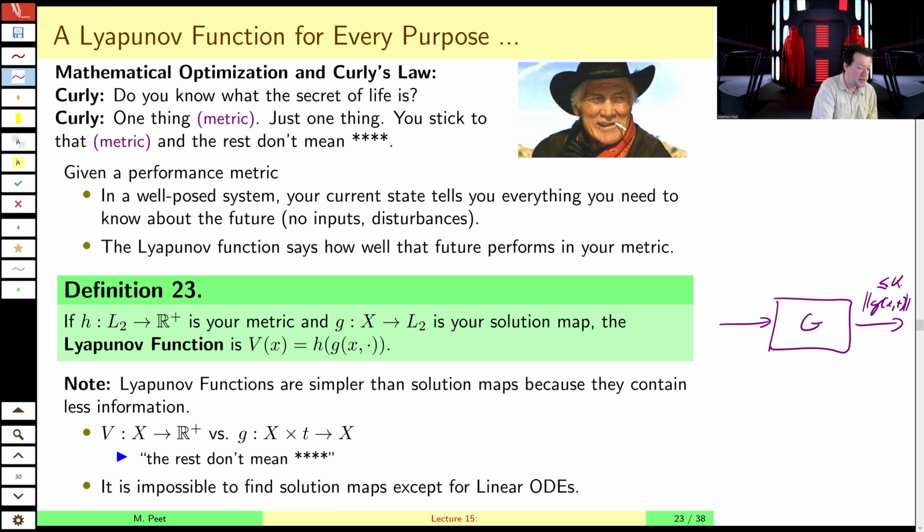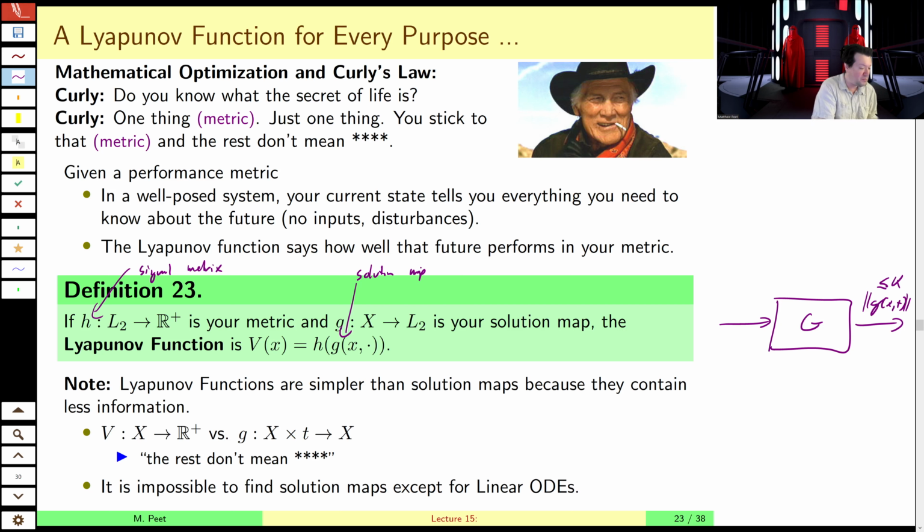So, for example, if h is our metric on the signal, and we have a solution map, then it's obvious what our Lyapunov function is.